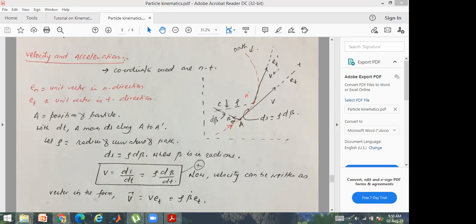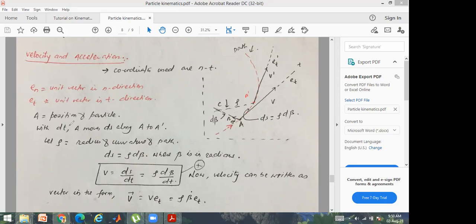So this is v prime, which represents the tangential velocity, and the unit vector along this direction is represented by et prime. Similarly, normal is in this direction, normal velocity, and en is the unit vector in n direction. So en represents the unit vector in this direction.